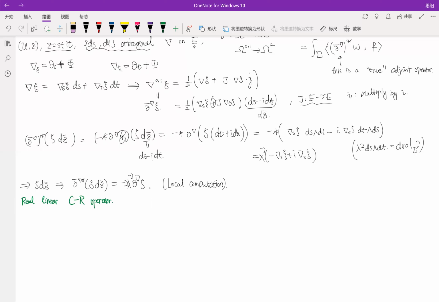We need to consider the real linear case, which is not complex linear, and also non-smooth. That is, its coefficients are not always smooth, but in some Sobolev spaces. So firstly we say a bundle E is real, is totally real.